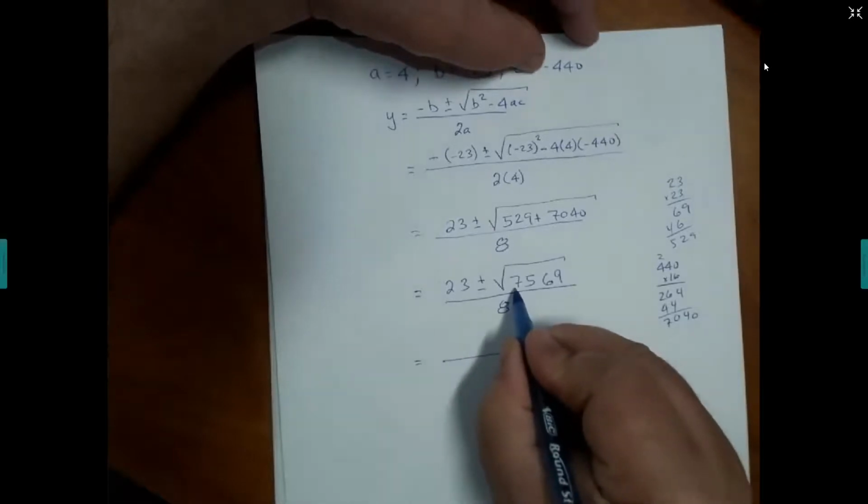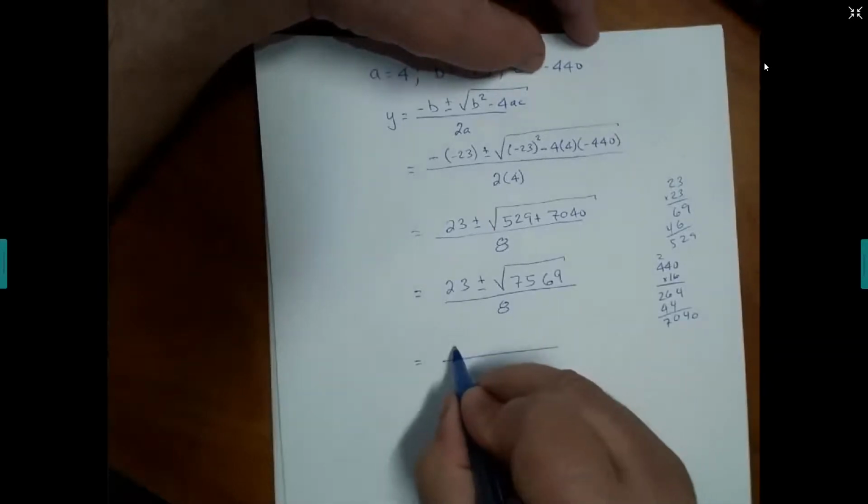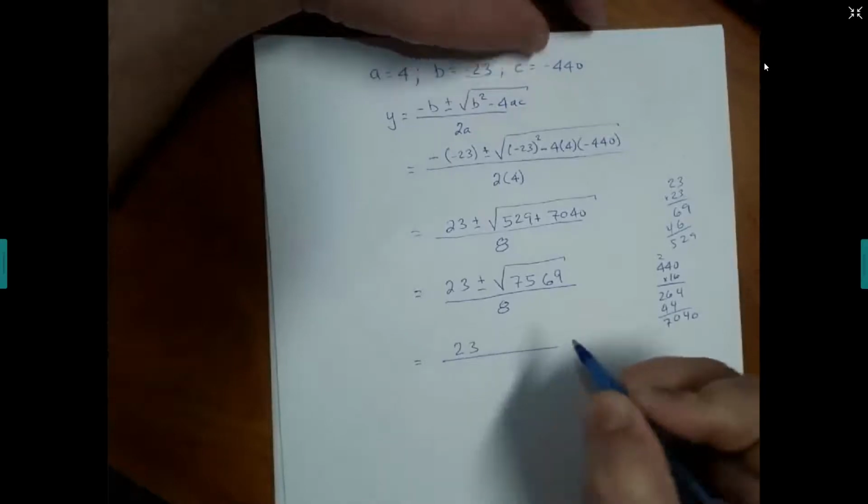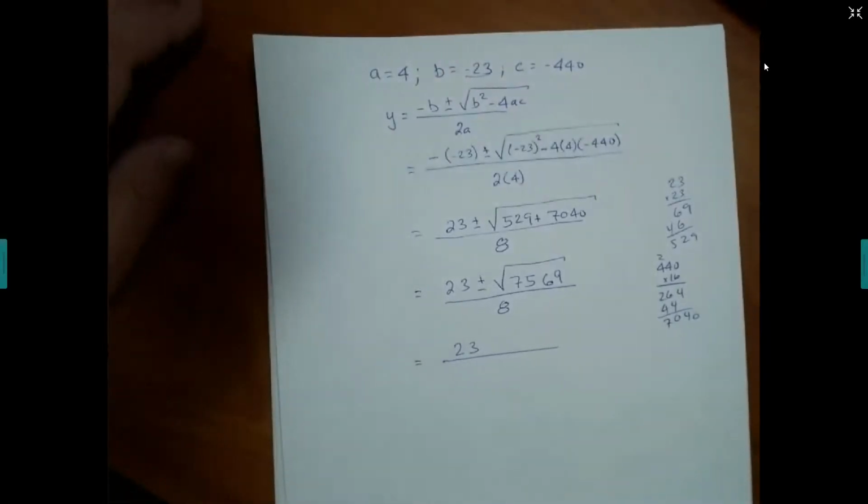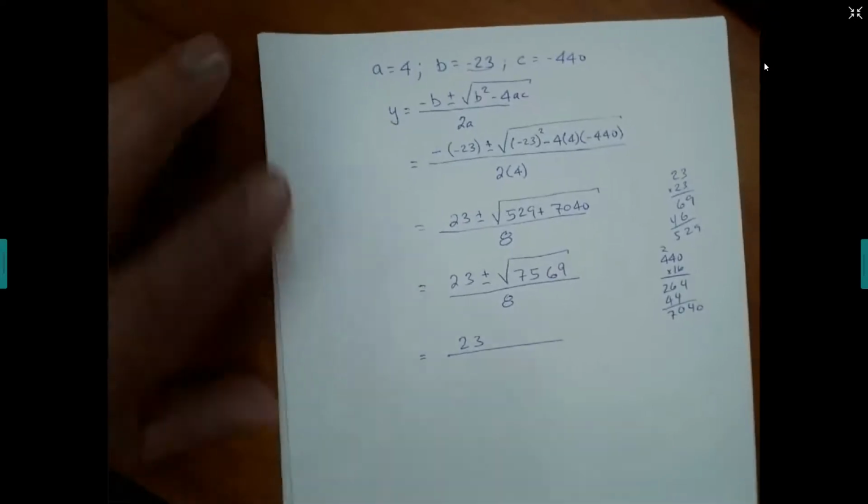Okay, now what's 7569, the square root of it? If it's not a perfect square, then we won't worry about it. We'll just leave it as that.